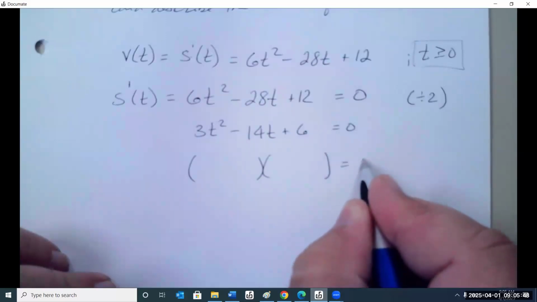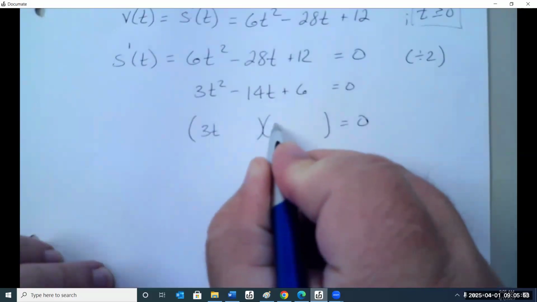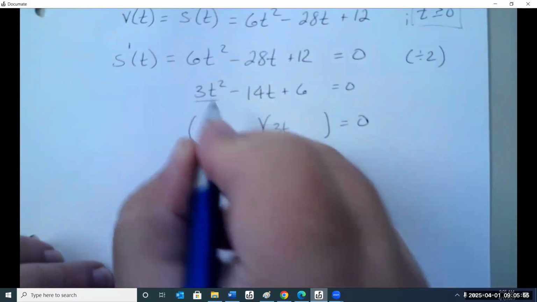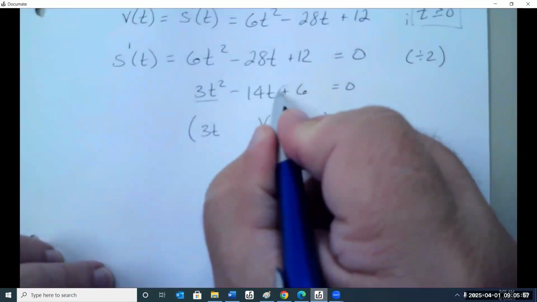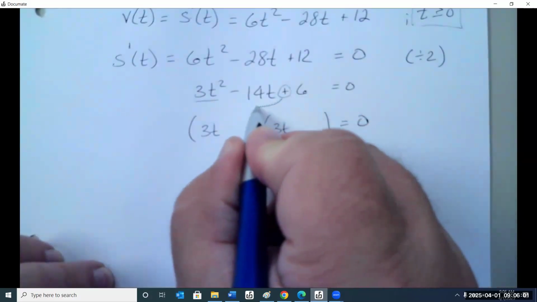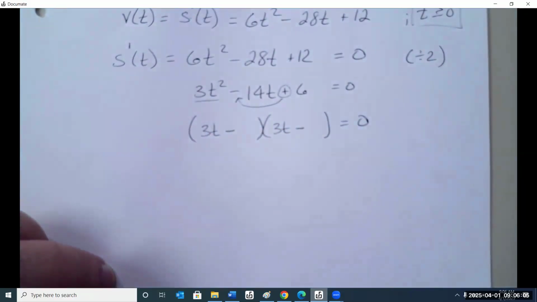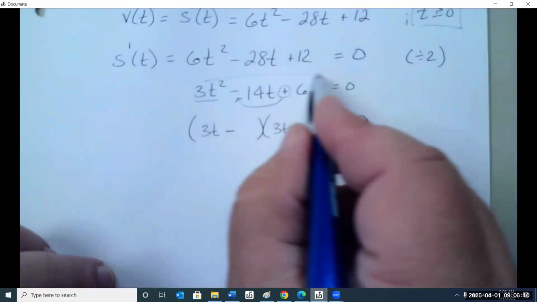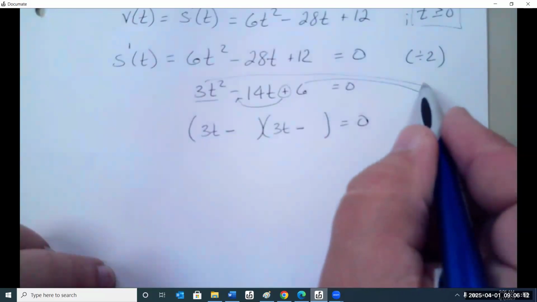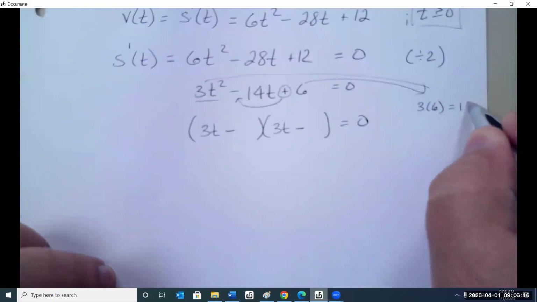Now I can try to factor it. Put whatever the first term is in. The second sign's a plus, which tells me the signs are the same, and they're both going to be the first sign, in this case both minus. Take the first and last terms. 3 times 6 is 18.